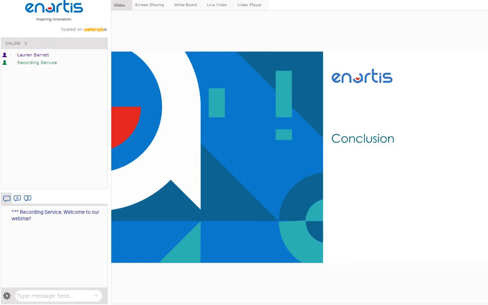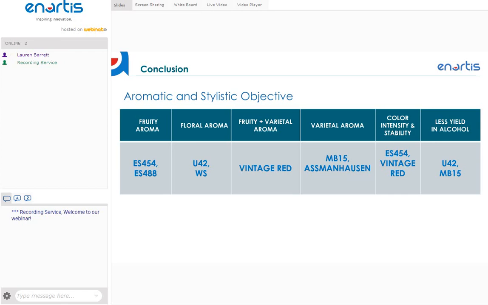So just to conclude and summarize everything in a much easier to digest table, we have this table that we've designed with aromatic and stylistic objectives, and it's a good reference for those who are looking to drive, say, a fruity aroma Pinot Noir. ES454 and 488 would be good candidates for that, or driving floral aroma, U42 and WS.